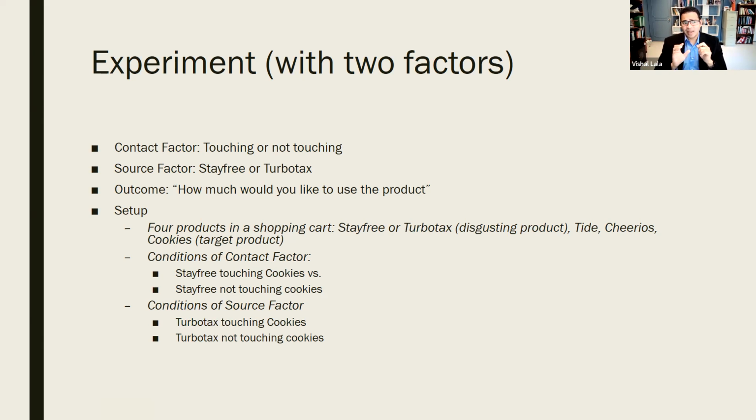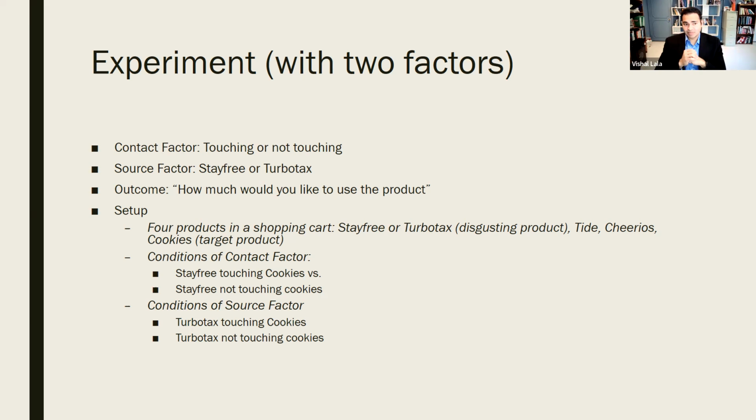So now they have 4 combinations possible. Stay Free touching cookies. Stay Free not touching cookies. TurboTax touching cookies. TurboTax not touching cookies. The setup is very similar to last time. So they still have the shopping cart parked in front of the classroom, and then they have these 4 possible combinations. Since we have 4 conditions, we have to have 4 classrooms.